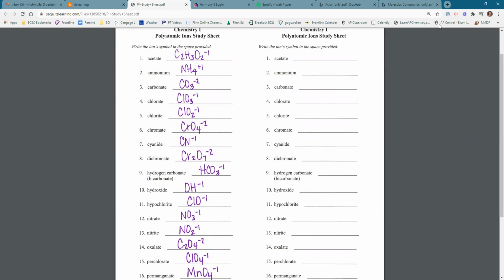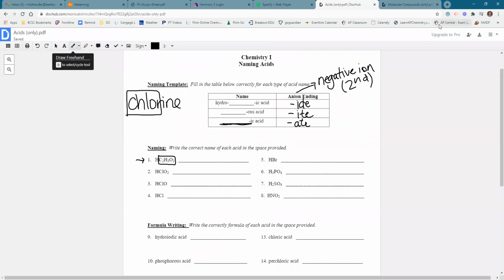Okay, so we are looking for the C2H3O2, which is number 1, acetate. So acetate is the name of the C2H3O2.